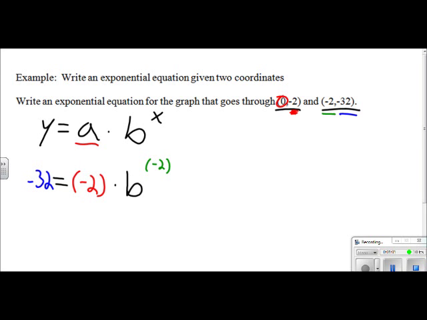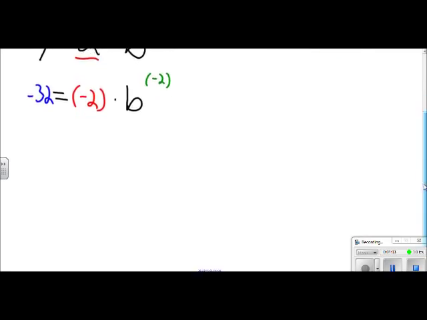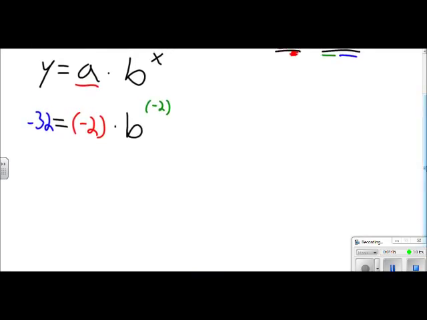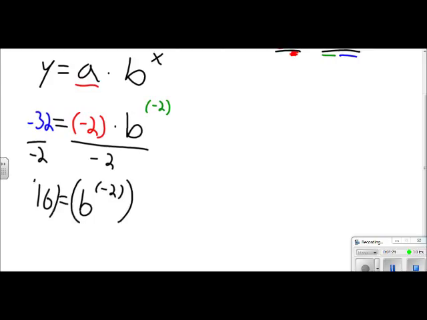Now, all we have to do is solve for b, and we will have our exponential equation. So if we divide both sides by -2, that leaves us with positive 16 equals b to the -2 power. If we want to get b to the first power, so it's just b alone, we have to take both sides to the power of -1/2.